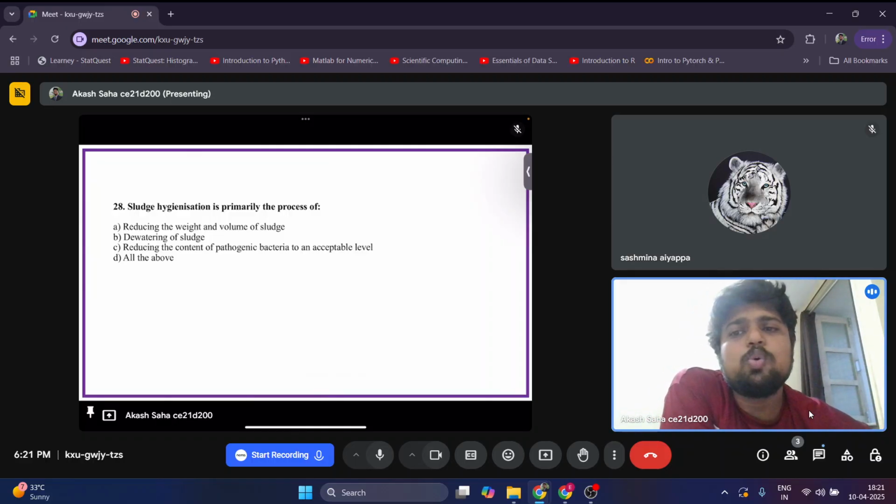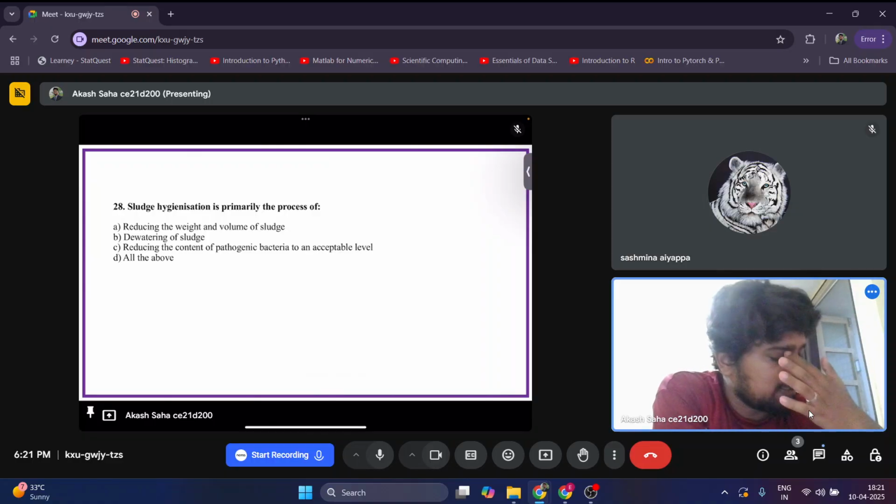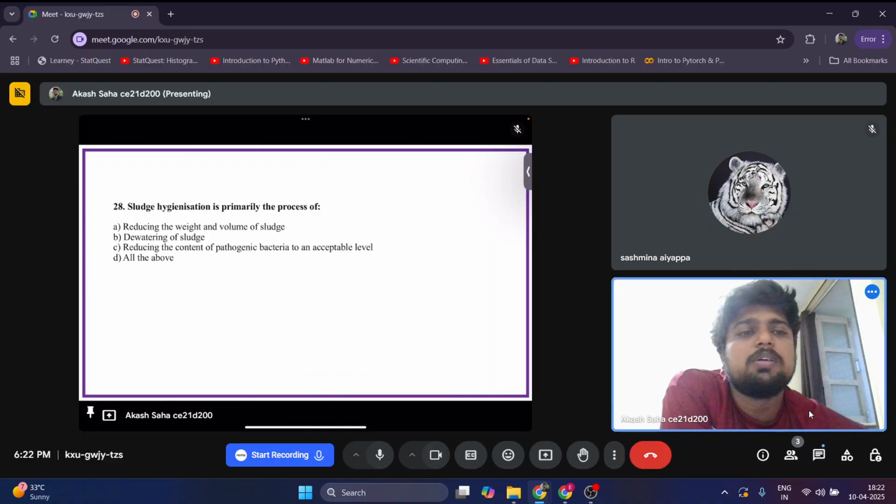So that's why we do hygienization, for hygiene purposes, obviously. Sludge hygienization means reducing the content of pathogenic bacteria to an acceptable level. Before disposing of this sludge, it is very important to remove the pathogenic bacteria. That process is known as sludge hygienization.